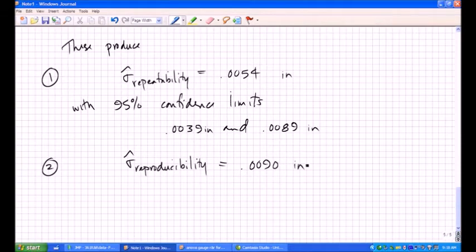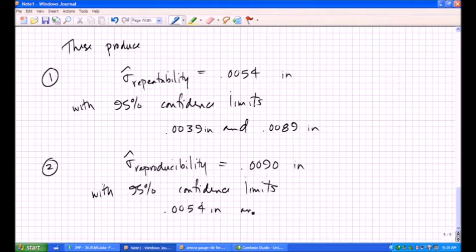So it looks like it's on the order of twice as large as the repeatability standard deviation, and its limits run between 0.0054 inch and 0.0259 inches.